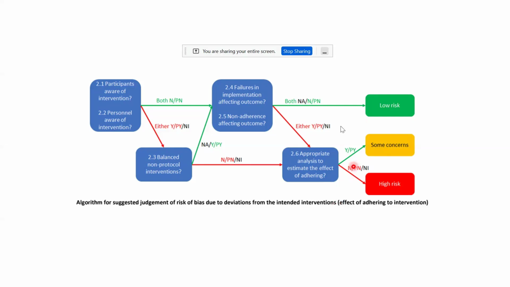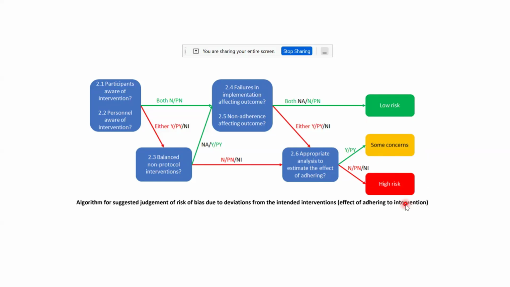So in this case, we need some very modified methods of analysis, where they have done a staged analysis as per how many have dropped out, or where they have given the intervention as a one-time thing and there have been no deviations. Depending on that, we will either get yes or probably yes, which leads to some concerns, or we get no or probably no, which leads to high risk.